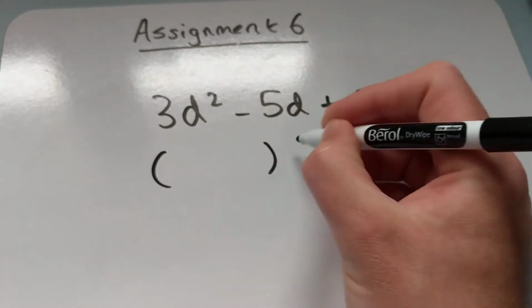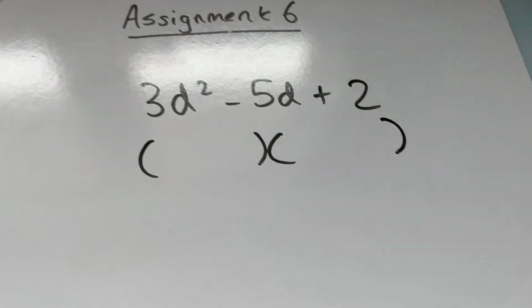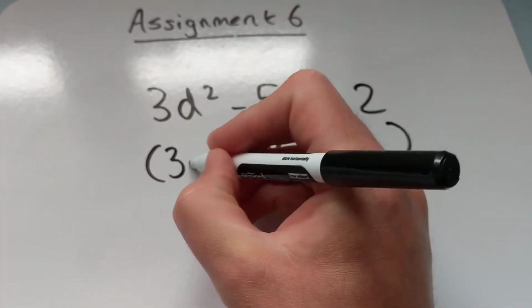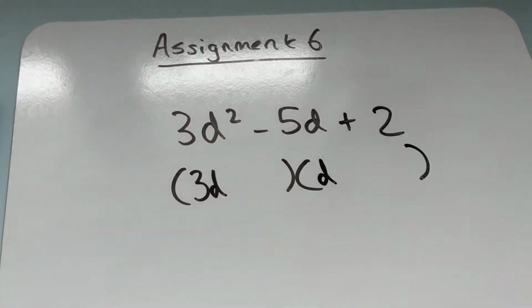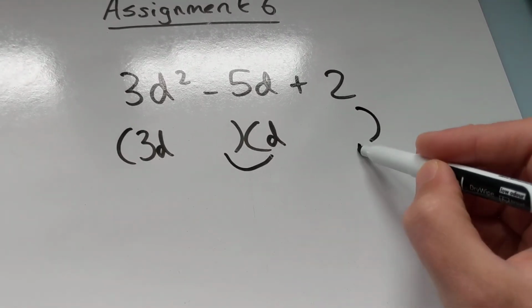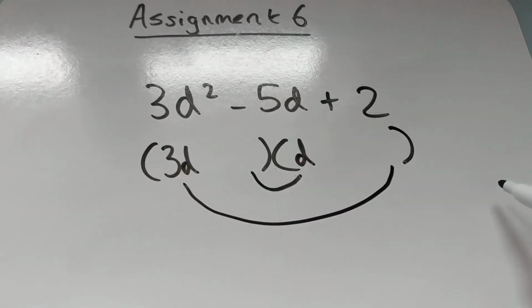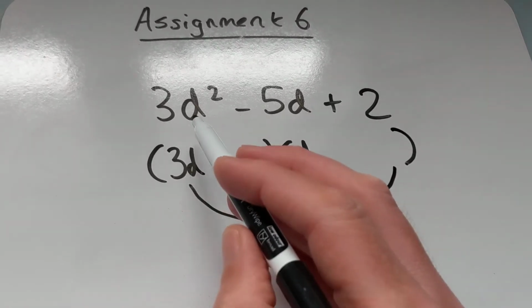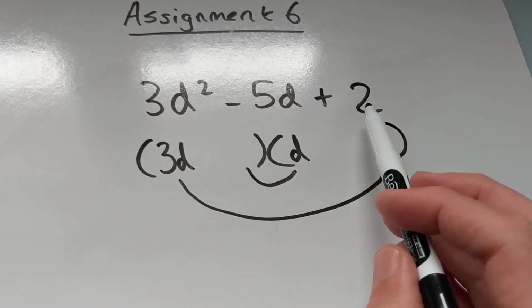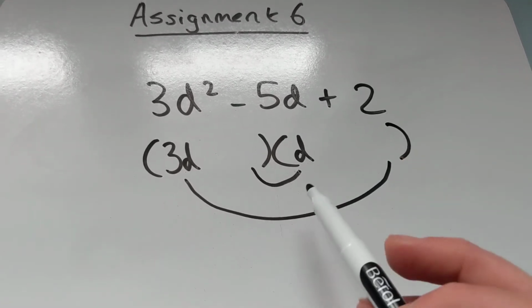What I tend to do is get 2 sets of brackets down right away. Now to make 3d squared, there's only one way of doing that, 3d and d. Then I usually speak about smiles here to do a check, because ultimately that times that gives you this times this gives you that number, and then to get the middle term, that's when you tidy up.